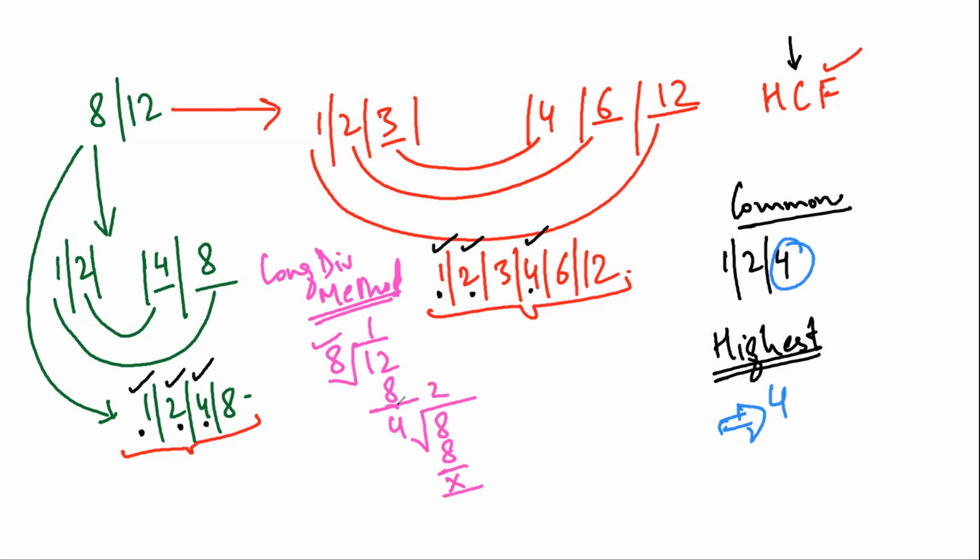So my answer is 4. Yes or no, sir? Yes, sir. Mr. Sarthak, have you understood? Yes, sir. So, what we have understood is that whenever we have to find HCF, usually we use the long division.